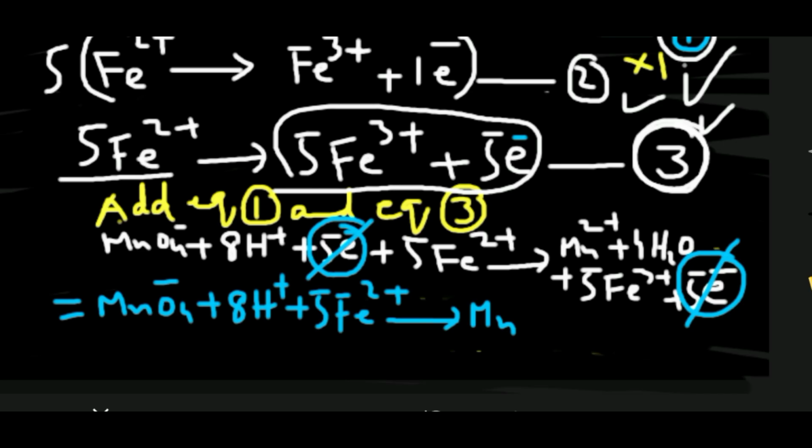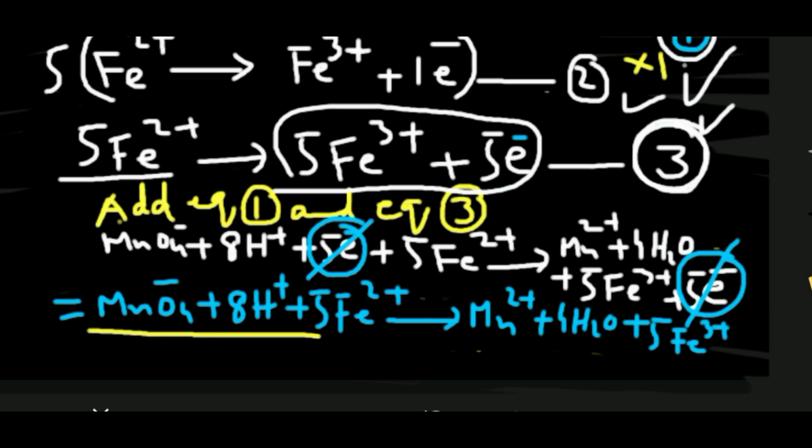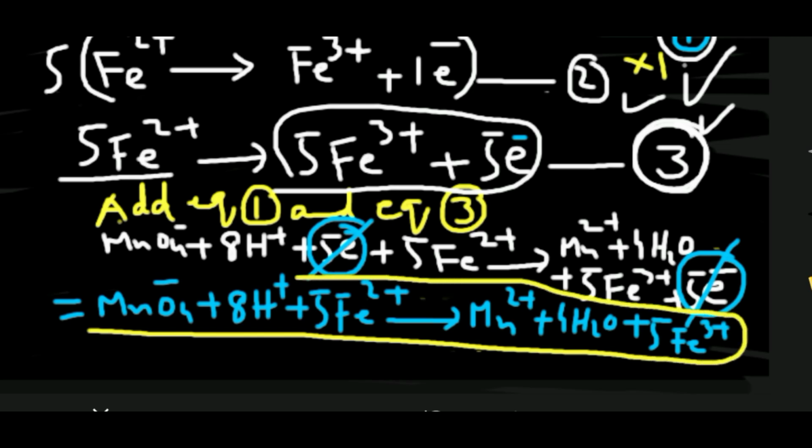That gives Mn2+ plus 4H2O plus 5Fe3+. So this is the net reaction we have obtained by adding the two equations.